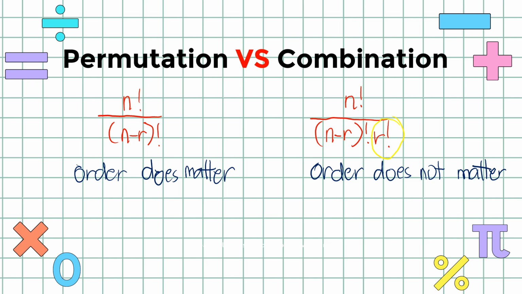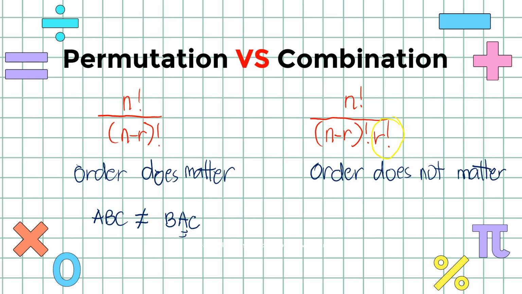Let's say I have the order or the result ABC. If the result ABC is counted different from BAC, even if the subjects are the same, then it's under permutation, because the order does matter. Having A as the first is different from having A in the second position.